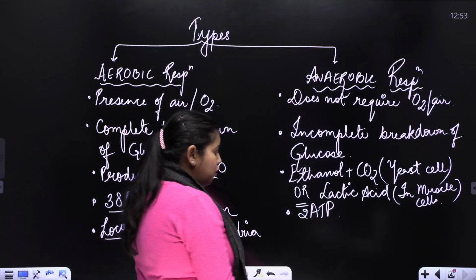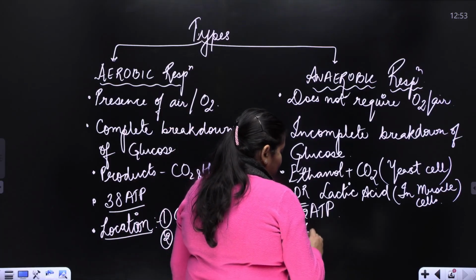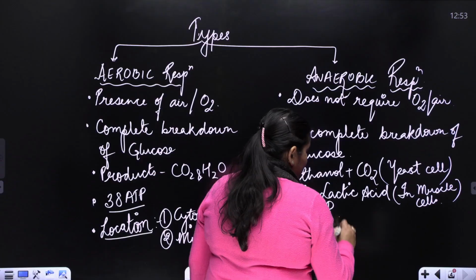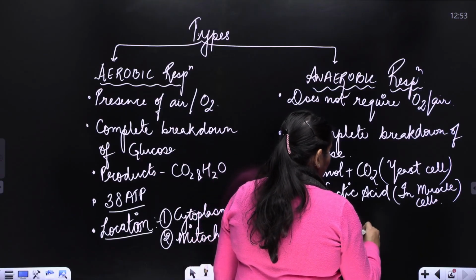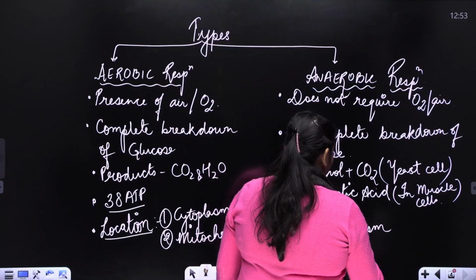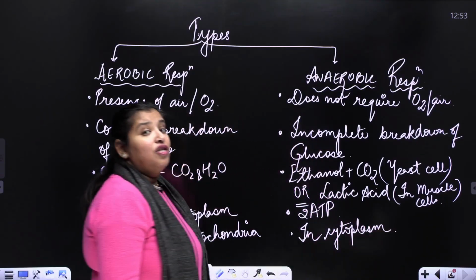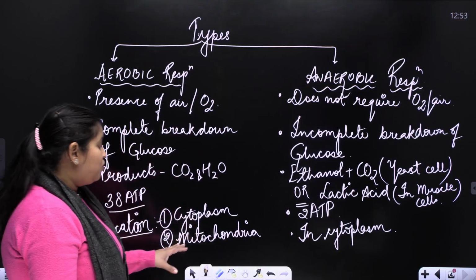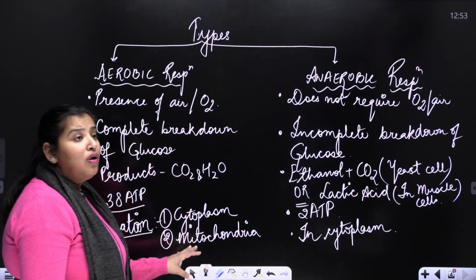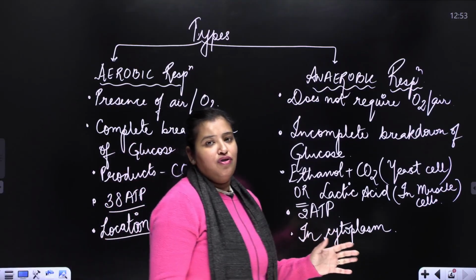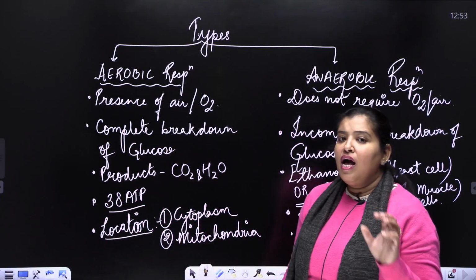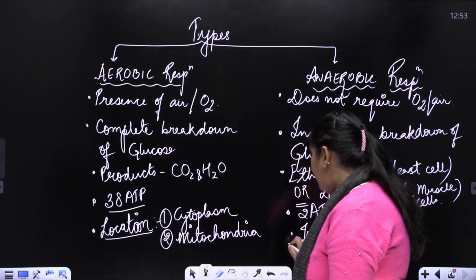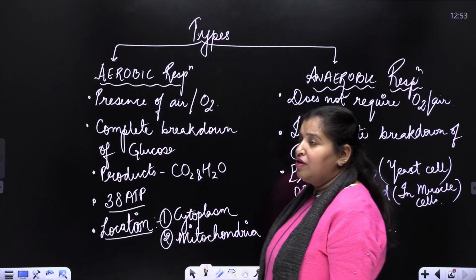But when it is anaerobic respiration, it occurs only in the cytoplasm of the cell. Mitochondria is not involved. Please keep in mind, mitochondria only plays a role during aerobic respiration. Anaerobic respiration happens only in the cytoplasm of the cell.